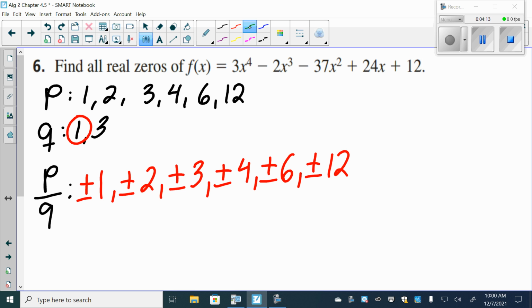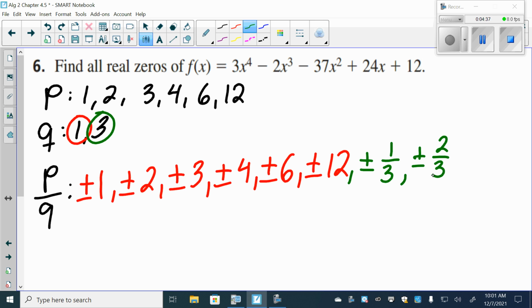Any questions on this so far? And then we'll move over to the next factor of q, which is 3, and do it again. So we'll do 1 divided by 3 is 1/3. Then we'll move over to 2 divided by 3, which is 2/3.